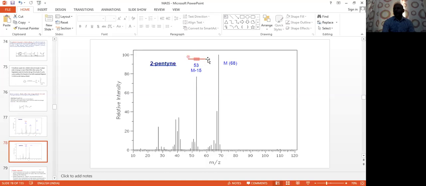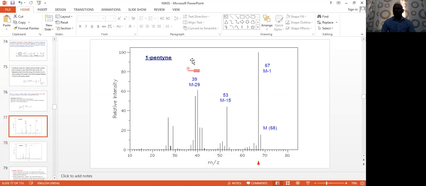Here basically in 2-pentyne the prominent ion has become the molecular ion, and M-15 has become the second most abundant fragment. That means the triple bond will be at the second position, between the second carbon and third carbon. So total 5 carbons will be there, and here if you see 1-pentyne, this is how you differentiate.